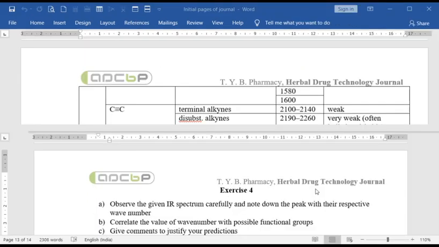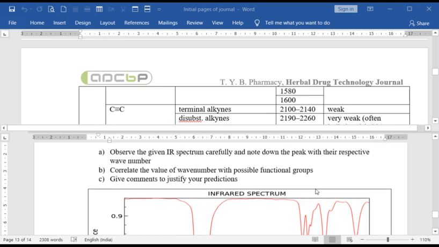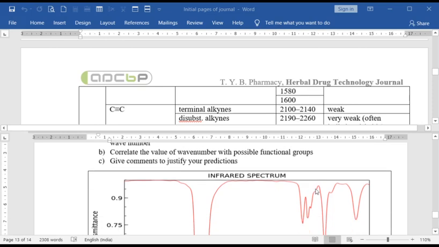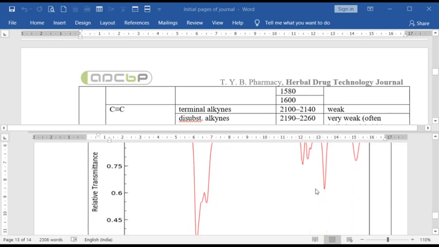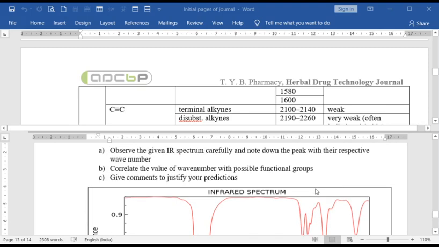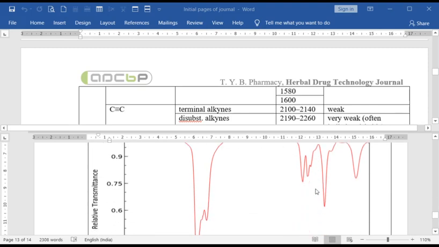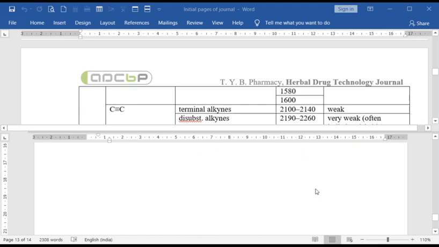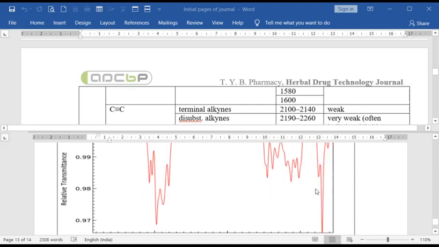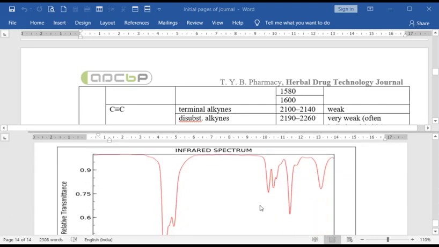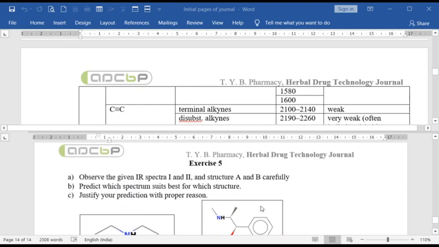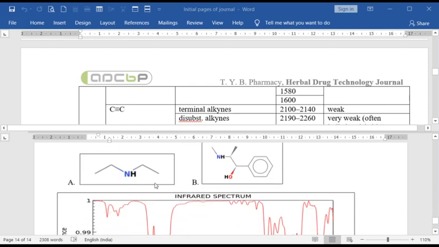In the same context, exercise 4 was given, where I told you to observe the IR spectrum and try to find out the functional groups which are present. Whoever studied this exercise carefully might have noted that this particular spectrum was given two times. I helped you, my dear students, by giving the IR spectra as well as its structure.